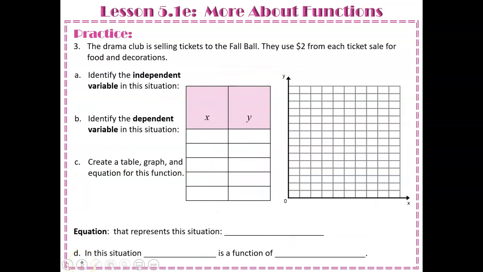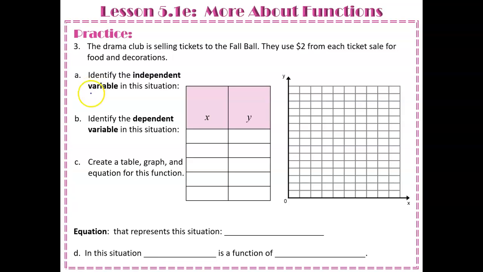Number 3. The drama club is selling tickets to the fall ball. They use $2 from each ticket sale for food and decorations. So let's identify the independent variable, the variable that stands on its own, that doesn't depend on the other one, that's not changed by the other one.